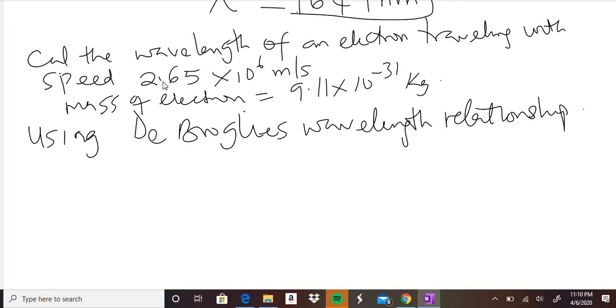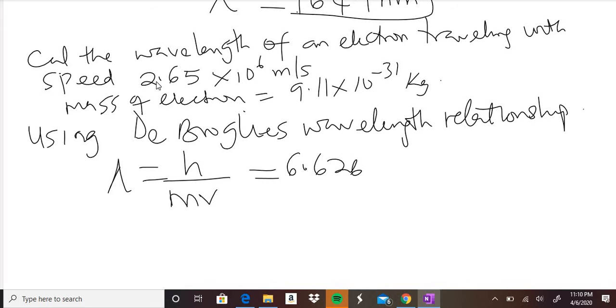And this relationship gives us wavelength equals the Planck's constant divided by the mass and velocity, which is the momentum.